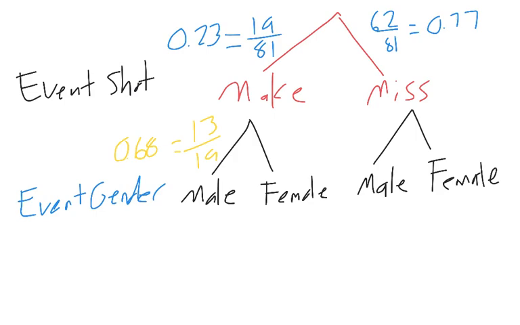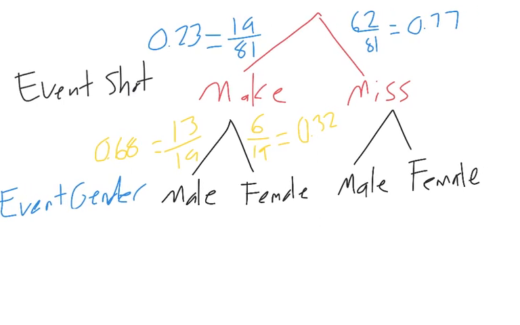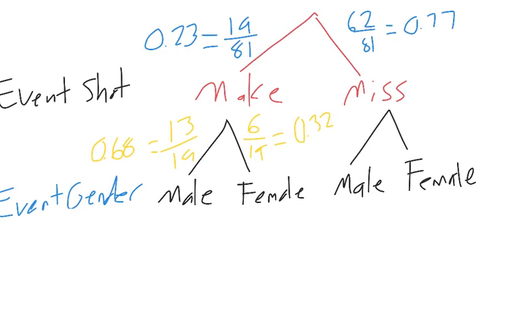That's 0.31, or it shouldn't be 0.31, it should be 0.32, because remember, these two branches are all the possibilities for the makes. So they have to add to be 100% or 1. Any questions on where these numbers come from?